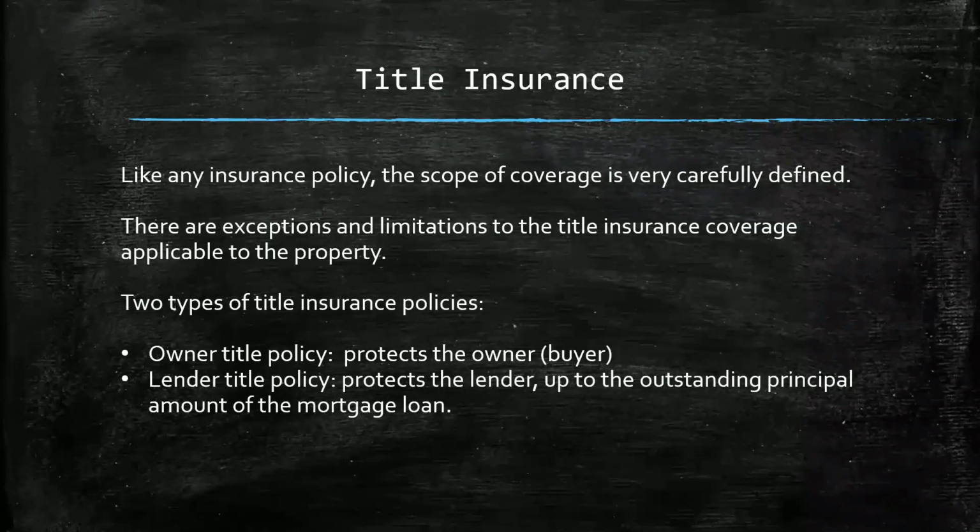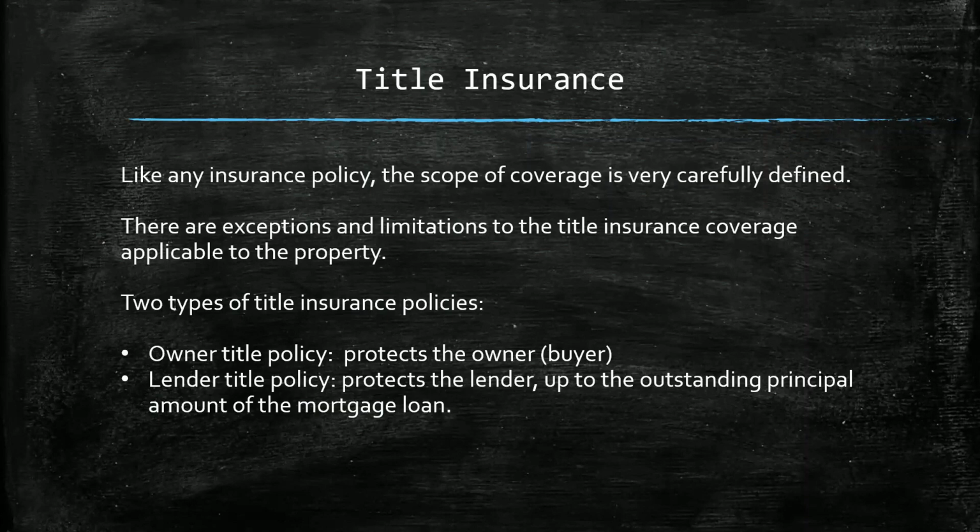There are two basic types of title insurance policies out there in the world. One of them is an owner title policy, and it protects the owner of the property, which means the buyer in a real estate contract. And then there's a lender title policy, and that policy protects the lender.